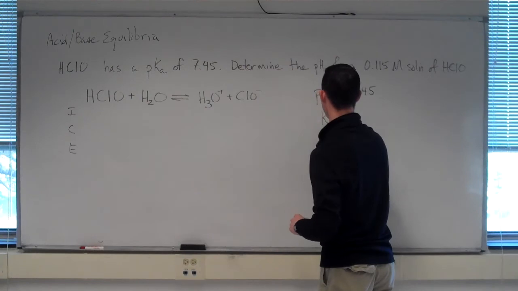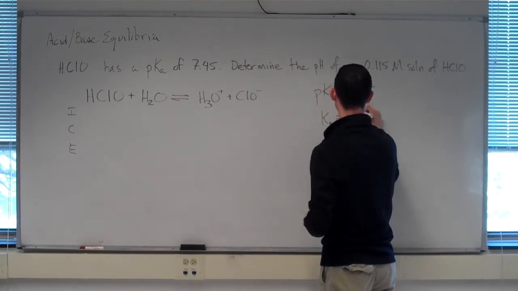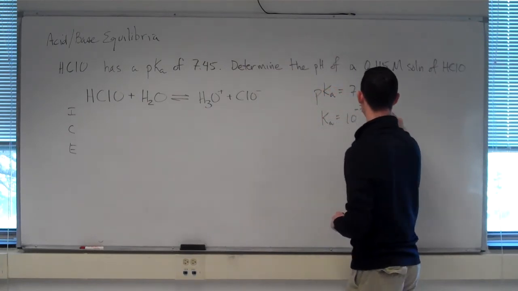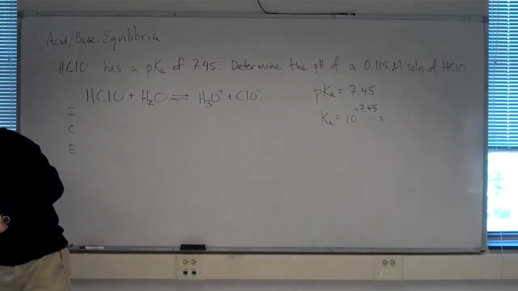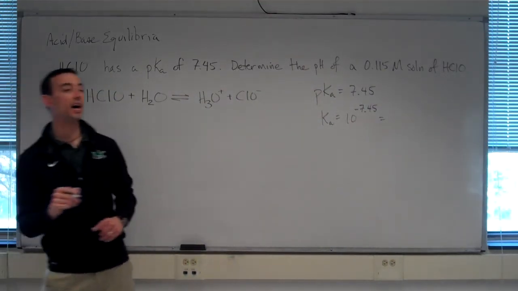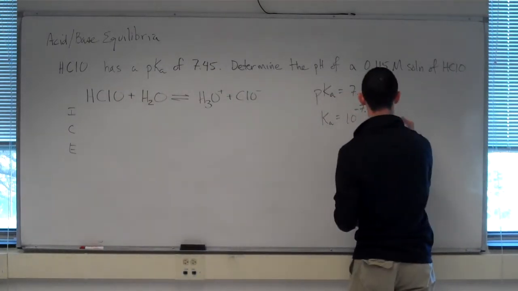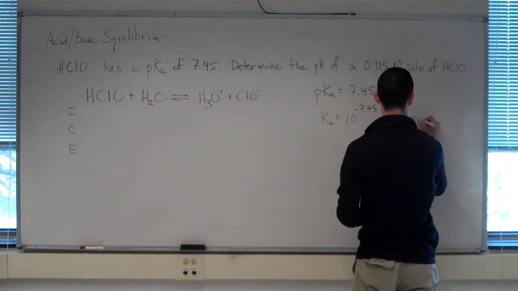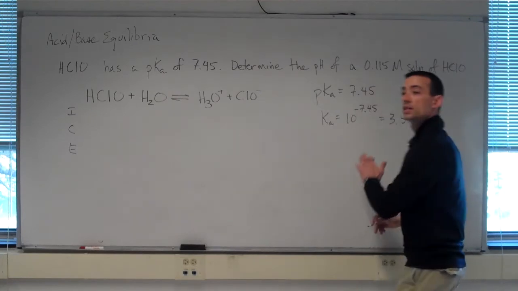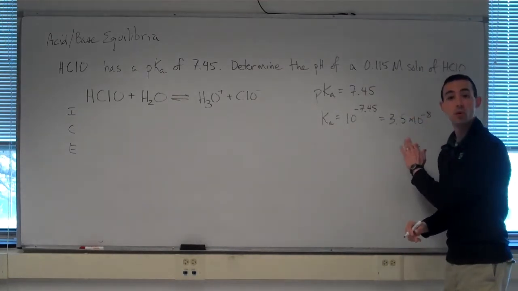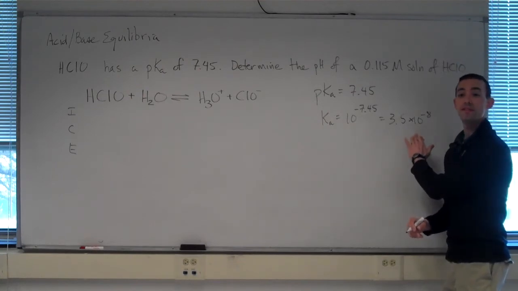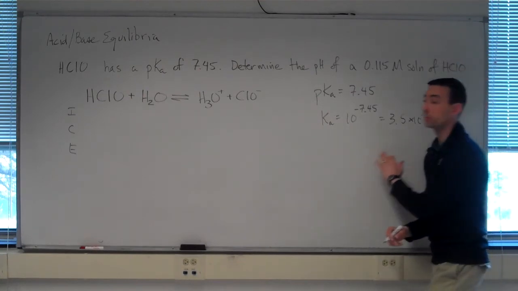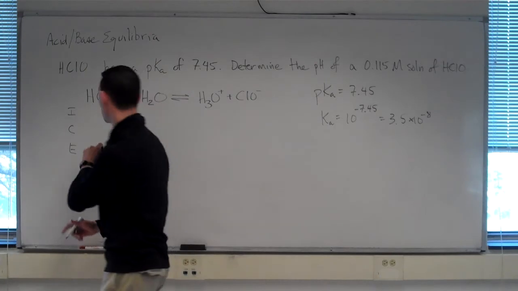So the Ka is 10 to the negative 7.45, which is, in this case, 3.5 times 10 to the negative 8. Size of the equilibrium constant is an important consideration, just like it was last chapter. Small enough that we're going to use the approximation method in this table we're about to set up.